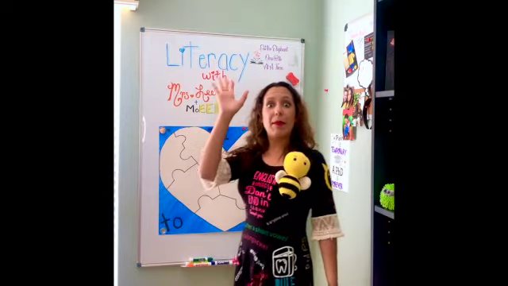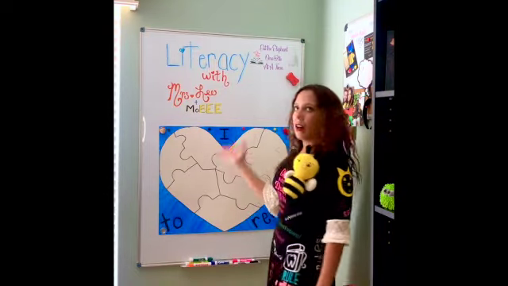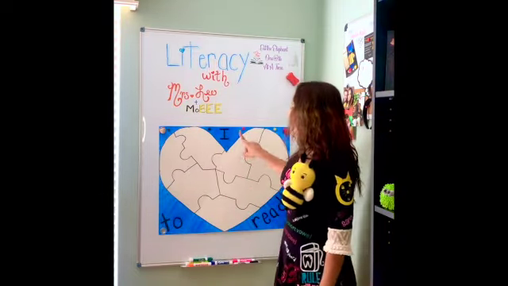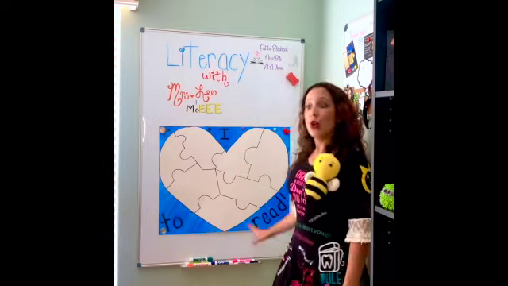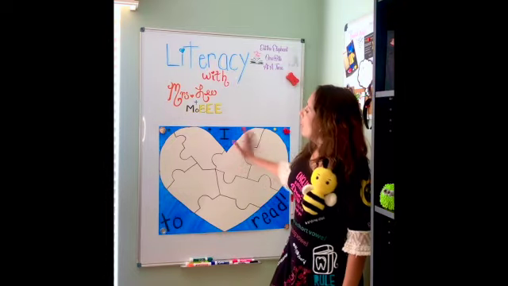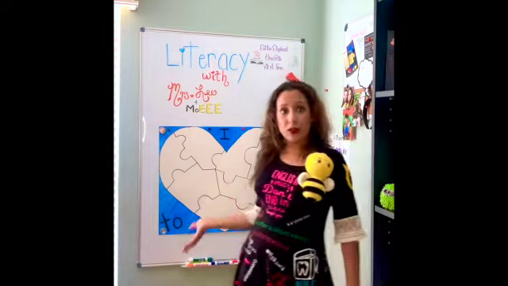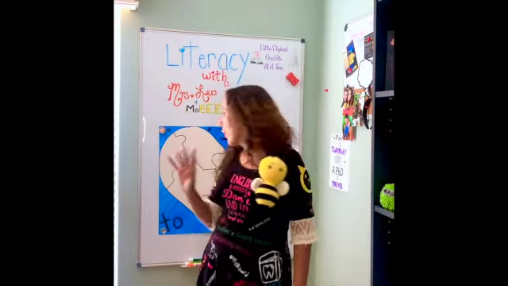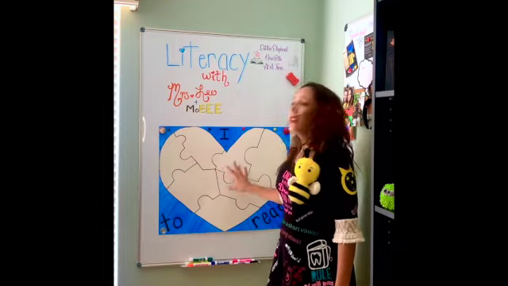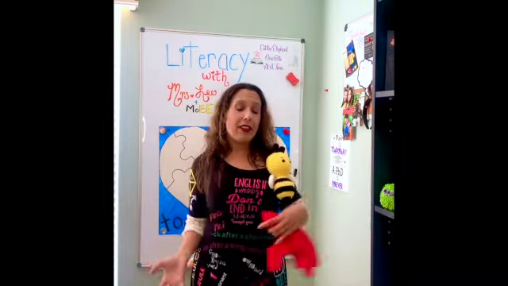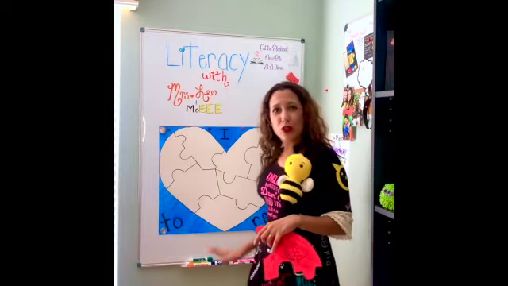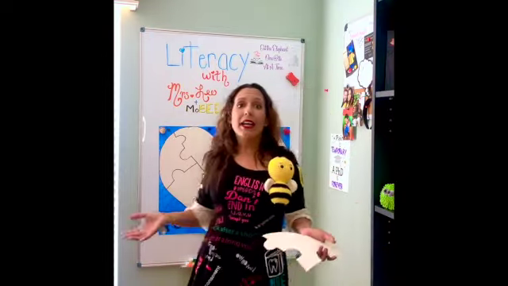So I came up with a heart puzzle, which says, I love to read. And what I want to demonstrate with this puzzle, other than the fact that I love reading, is that it's going to depict the 7 syllable types that we're going to be talking about throughout the videos. Now, I say 7, some people say 6, and I'm going to show you towards the end why it's 7 for me instead of 6.